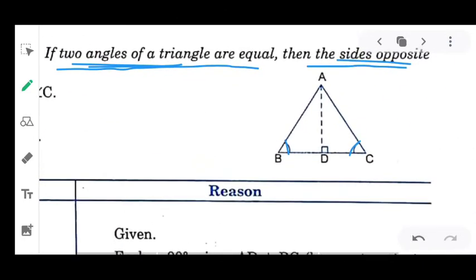The side opposite to angle B is AC, and the side opposite to angle C is AB, and we have to prove that AB equals AC.